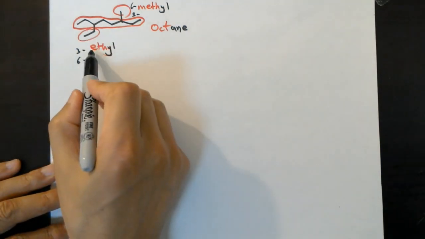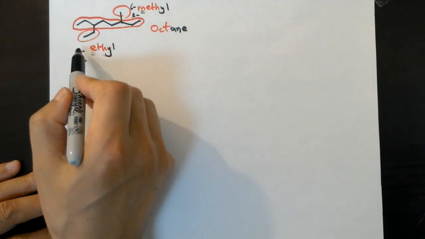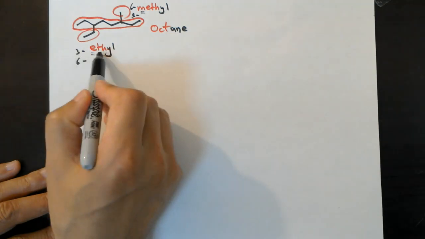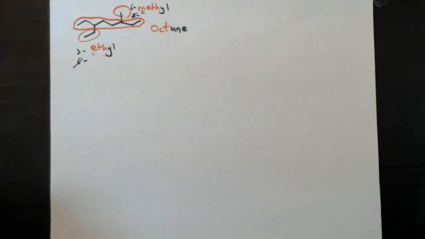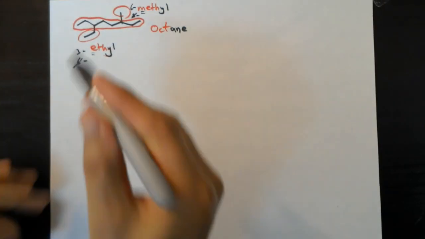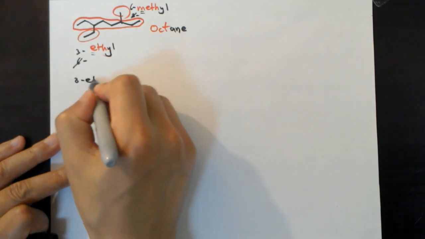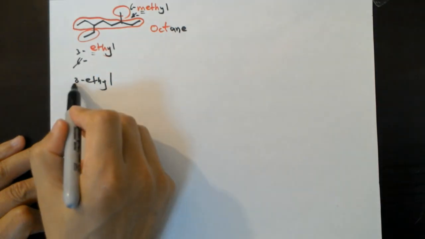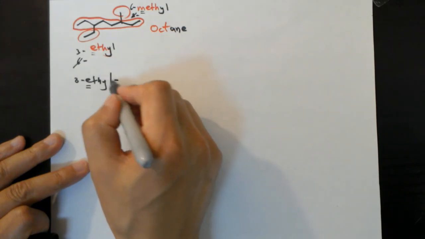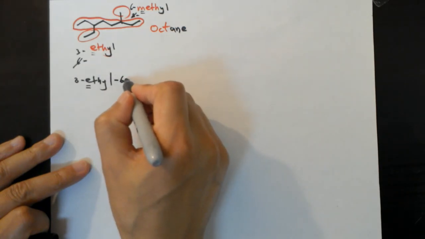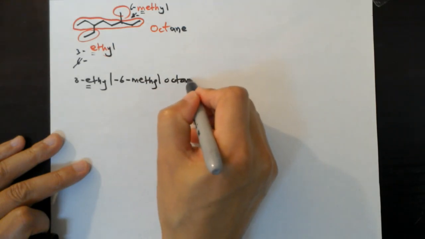So here you have E versus M, and E should get the lower number, so you should try give 3 to the ethyl and 6 for the methyl. Then you put them together and you give 3-ethyl. It goes not by the number, but it goes by the alphabet. You put the E first, then letter separated by number by hyphen, then 6-methyl octane.